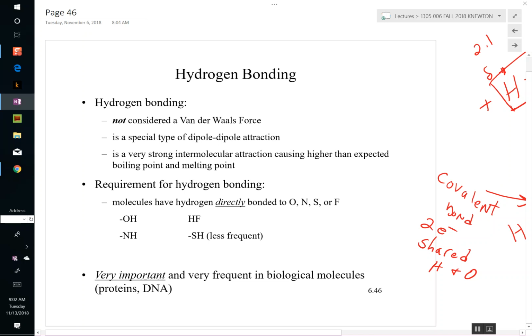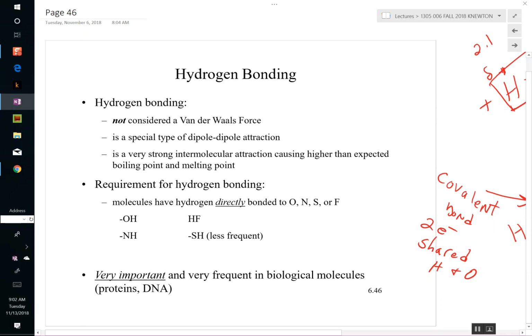Whenever you have a hydrogen on an atom that has fairly high electronegativity, so fluorine has a high electronegativity, nitrogen, sulfur. Remember, electronegativity is high in this corner right here.